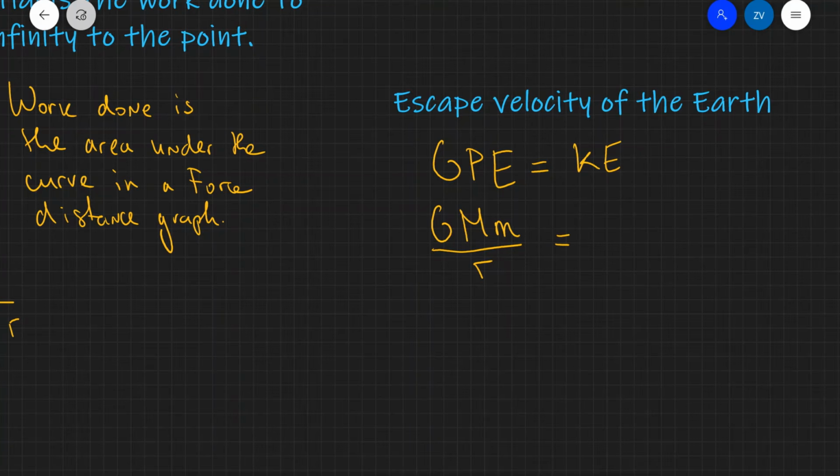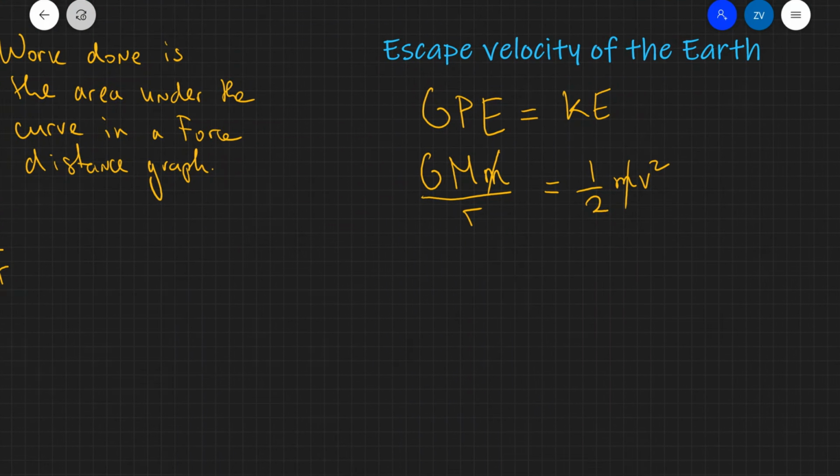This is going to equal our kinetic energy, which is a half mv squared. Now the m's are going to cancel, and we're just going to rearrange for v, which is our escape velocity, and v will be equal to the square root of 2GM divided by r.